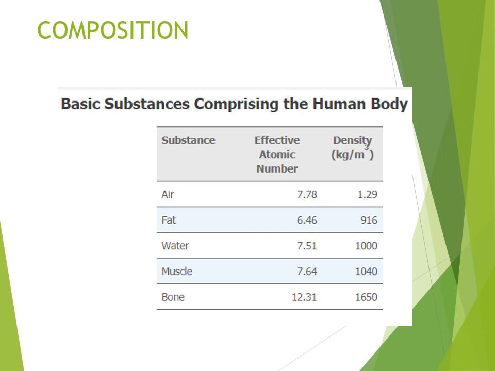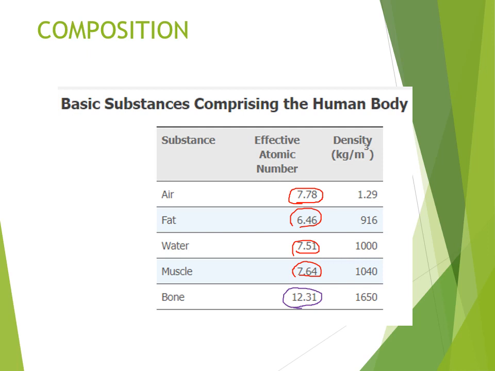So one reason why is because air has an atomic number of 7.78, which is really close to fat and water and muscle, but bone has a much higher atomic number. It's 12.31 if you look in Carlton and Adler. In Bushong's textbook, he says it's 13.8.